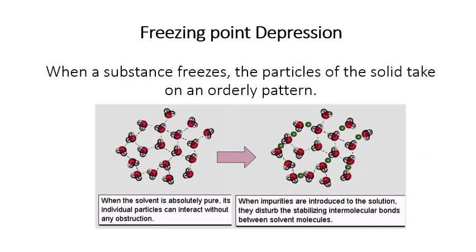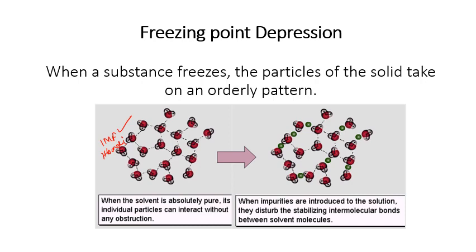Why is it lowering the freezing point? Because in the solid form, it has a more orderly arrangement. So look at ice here. For the ice, we have intermolecular force of attraction, that is hydrogen bonding between the molecules. So it has an orderly arrangement, right? When salt is added to this ice, the ions from the salt take the place in between the water molecules, break the hydrogen bonds, and interrupt the orderly arrangement.